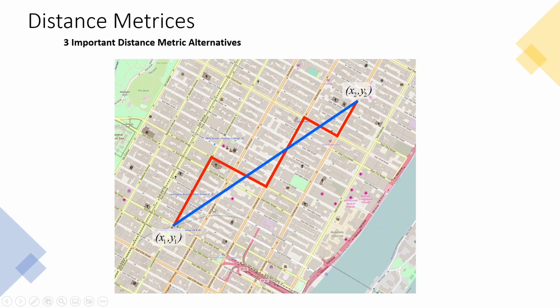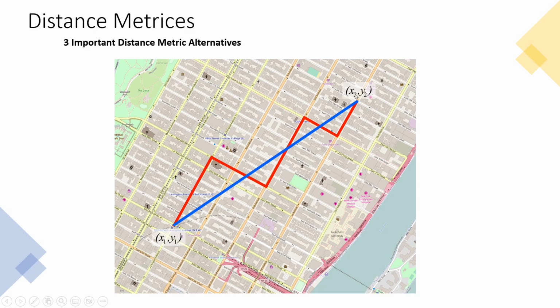And then let's say this is the map we use. We are here, we would like to go to here. This is x1, y1, this is x2, y2. If we use Euclidean distance, it is the one with the blue line.